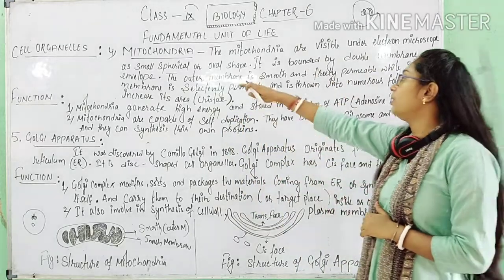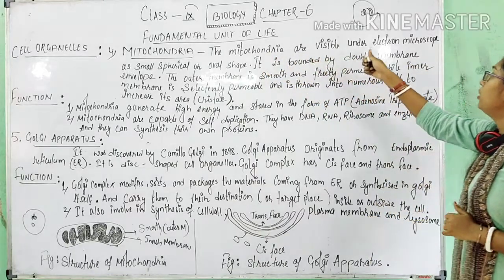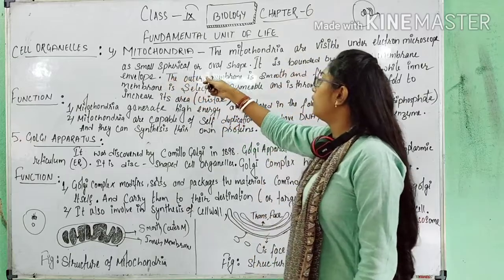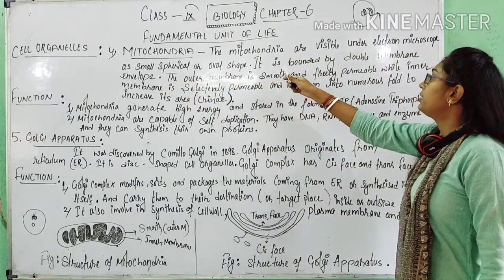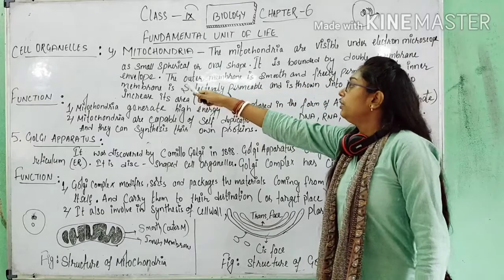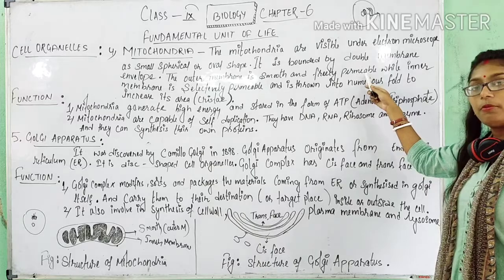So we will read here. Mitochondria are visible under an electron microscope as small spherical or ovule shapes. It is bounded by a double membrane envelope. The outer membrane is smooth and freely permeable.